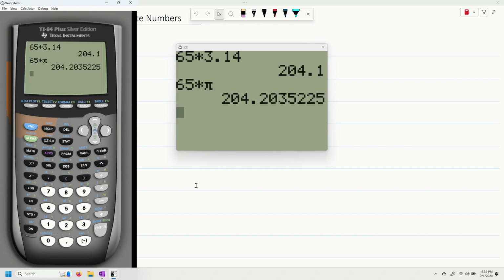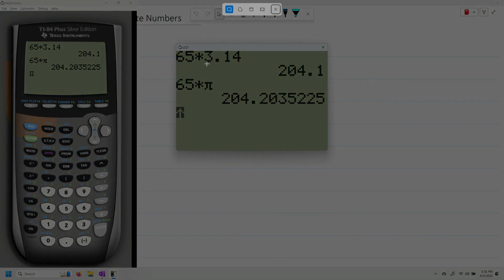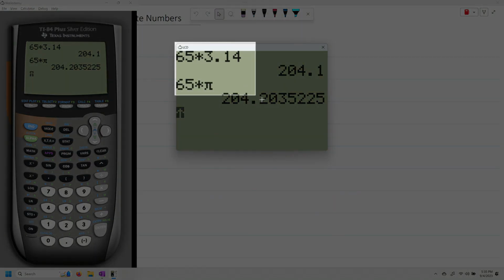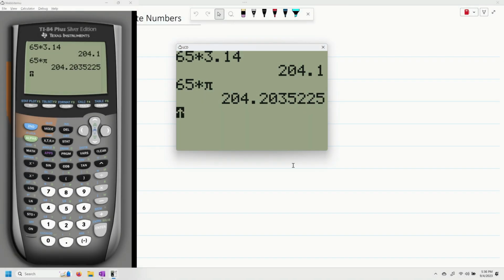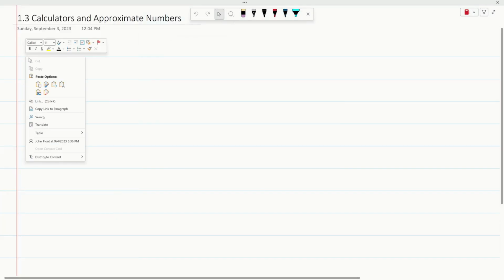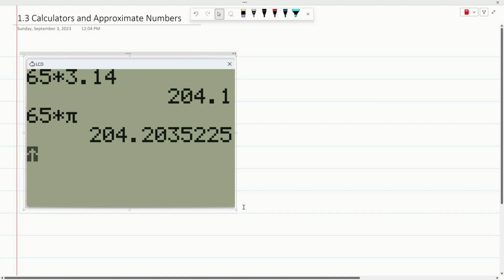We get 204.2035225, and that's all the calculator shows us. So give me a second. What I want to do is take this and copy it down into our notes, because I need to explain some stuff here.